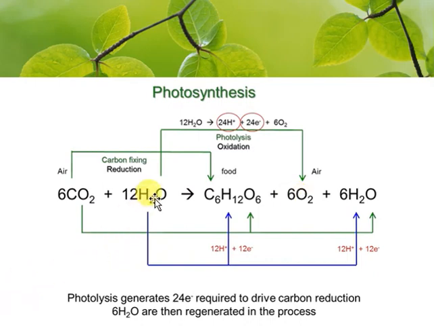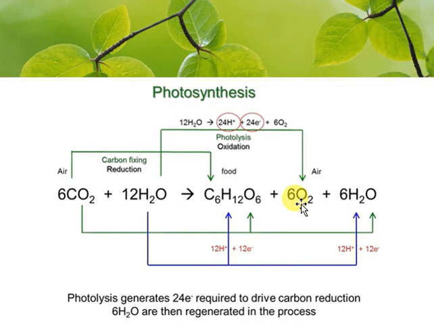So these go through your oxidation, your carbon dioxide goes through reduction. So again, carbon dioxide is reduced to produce or form sugar. Water is going to be oxidized into oxygen.